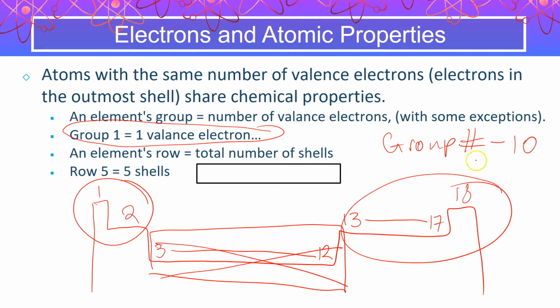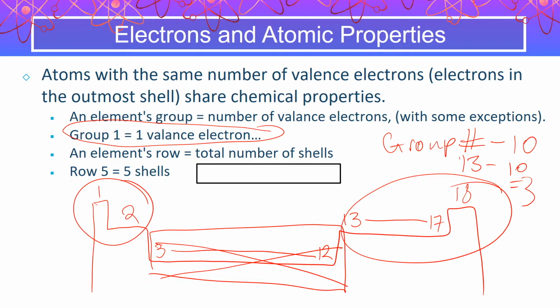So what that means is if it was 13, 13 minus 10 would be 3. So for example, group 13 has boron in it. And if you look at boron, boron has 3 valence electrons. And that's because 13 minus 10 gives you 3. If you jump to the other end and you looked at, say, argon, argon is in group 18 and it has 8 valence electrons.